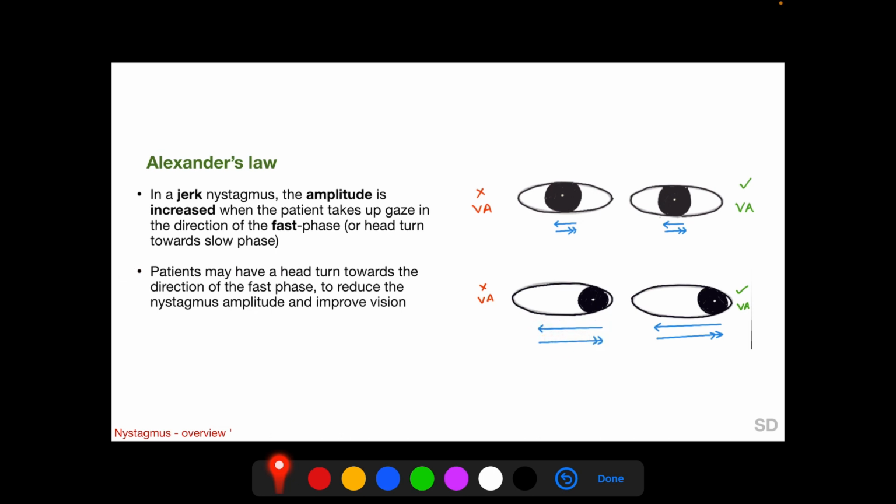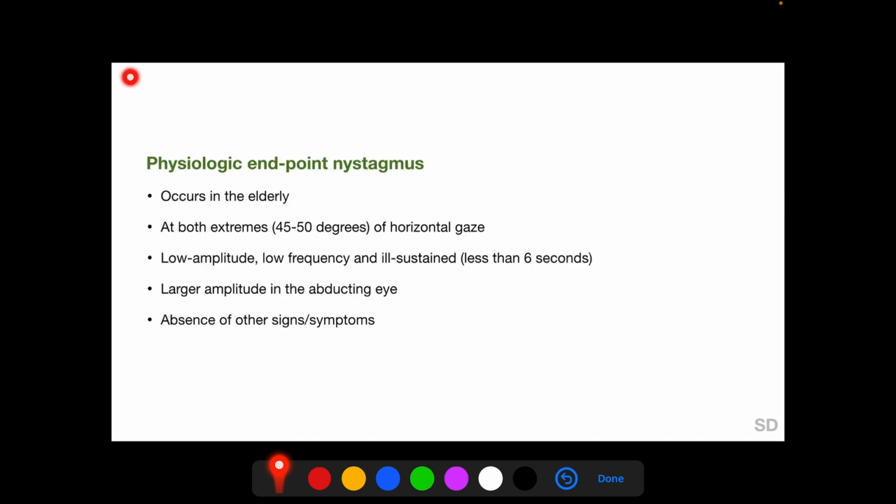So patients may take up a head turn towards the direction of the fast phase to reduce the nystagmus amplitude and thus improve vision.